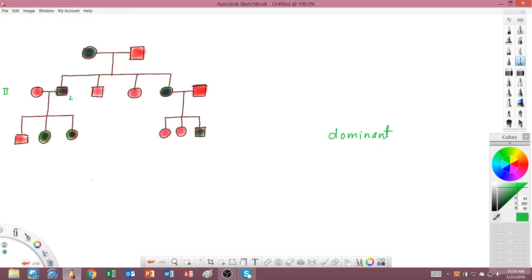Generation 2, individual 2 has a disease, and he's a male. He was able to give that gene to his daughters, but not to his son. So this has to be at least X-linked. Look, in each generation, X from mom can go to daughter and son. Same thing here: mom gave it to her son, but this dad cannot give it to his son, though he was able to give it to his daughter. So this is dominant, but X-linked.